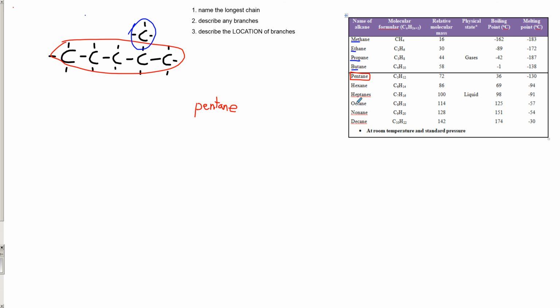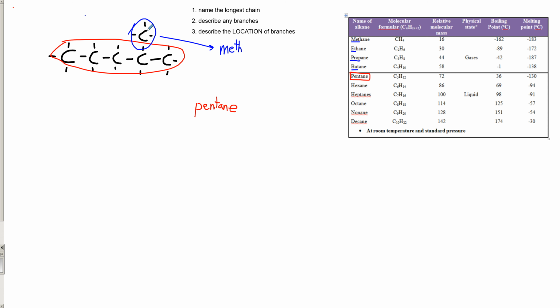Because it has 1 carbon, it has the prefix meth. But it's not methane. Why isn't it methane? Methane is CH4. It's a molecule. This is not a molecule on its own. It's like a little piece of a molecule.